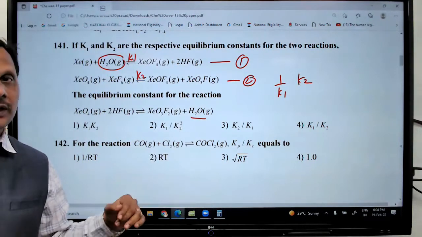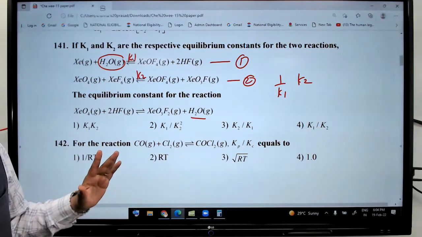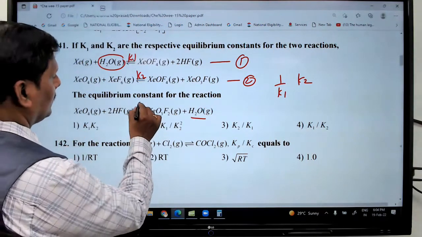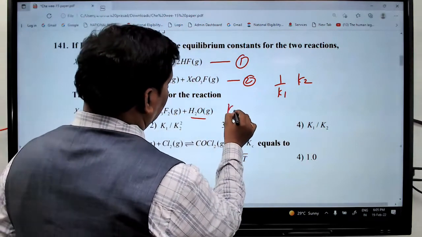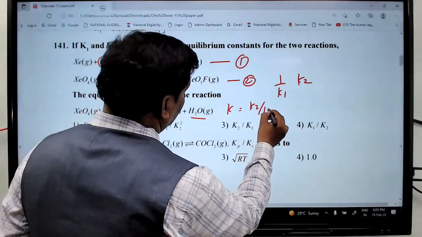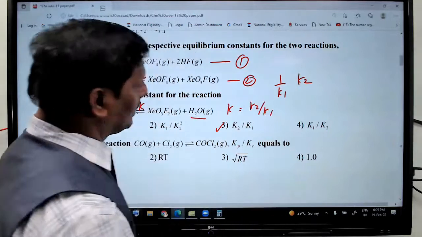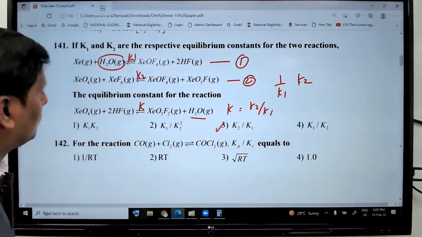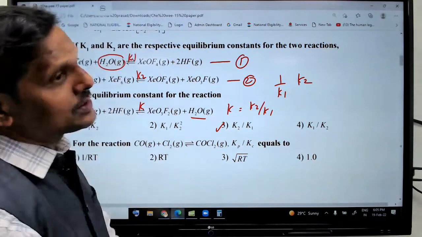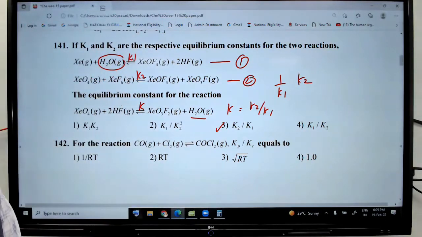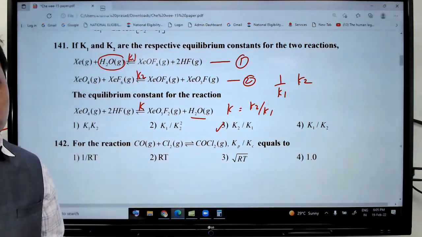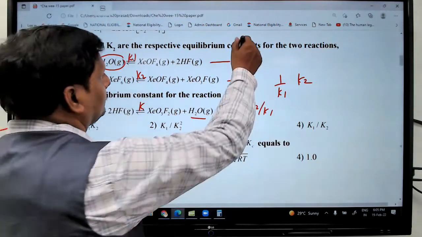Now addition of equilibria means multiplication of equilibrium constants. So the resultant K is K2 by K1. Very simple, K2 by K1. So this question is actually very simple. Whenever this kind of question is given, think over it easily. Whenever an equation is reversed, the equilibrium constant becomes the reciprocal. Okay.